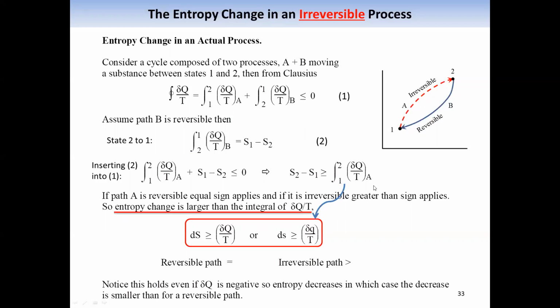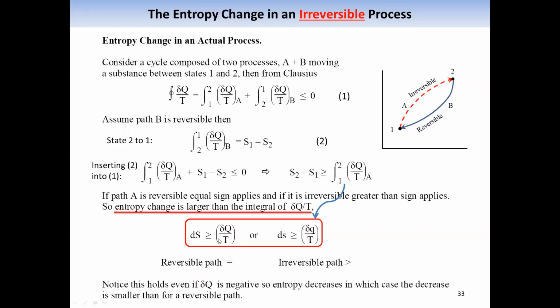If we look at the small change, we see that ds is greater than or equal to dq over T. The equal sign applies only for a reversible process. The greater sign applies to all irreversible processes.